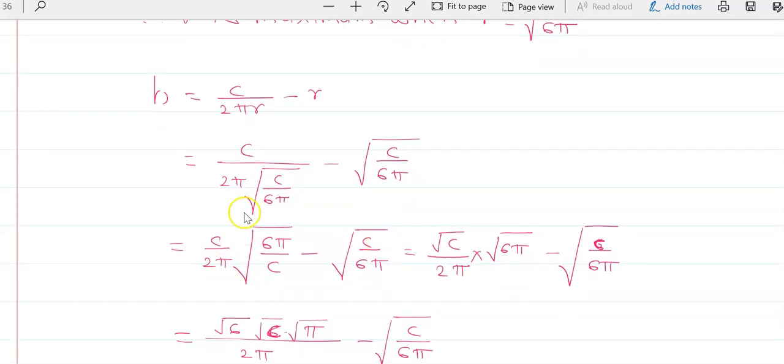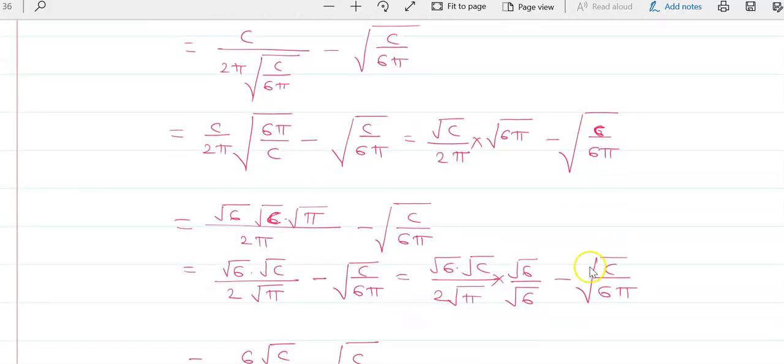Now simplify this again. Here is c and here is root c, it becomes root c, over root of 6 pi upon 2 pi minus root of c upon 6 pi.